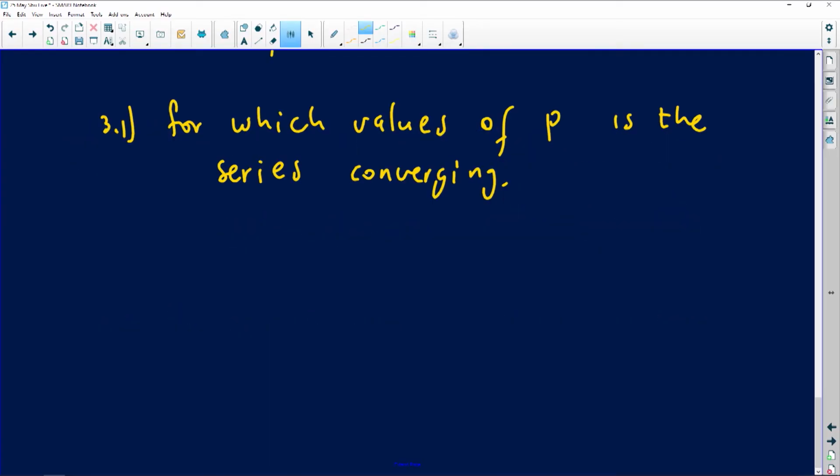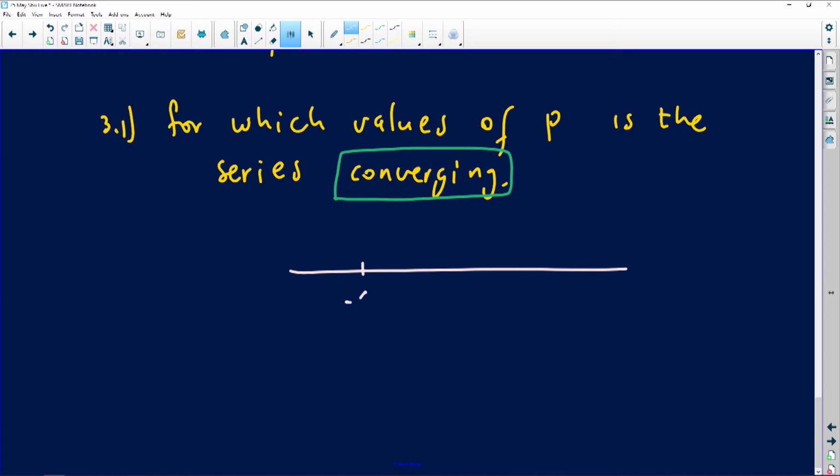The keyword. What's the keyword? The keyword is the word converge. So this word must mean a whole lot to me, right? So what's the scale of convergence? The scale of convergence is this one, right? If this is -1 and this is 0 and this is 1 and you've got other guys here, and more other guys here, my series will only converge if its common ratio is any number here.